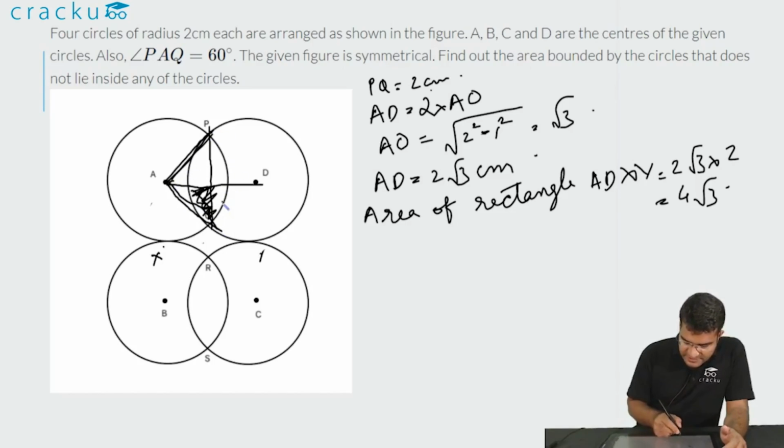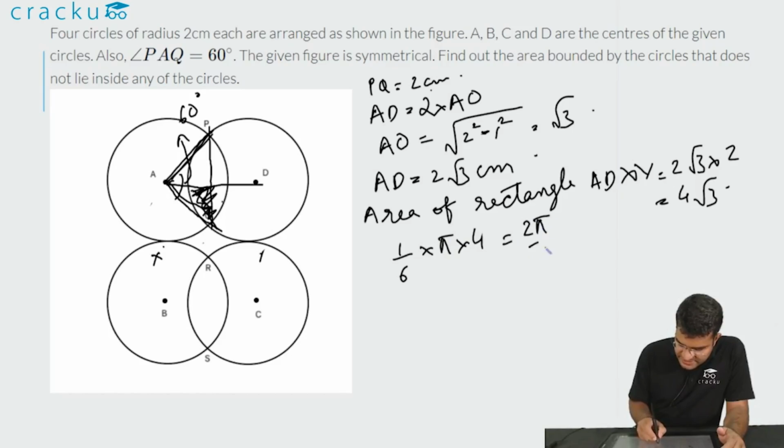So the area of the chord over here will equal, because the angle subtended at the center is 60 degrees, the area of the sector will be 1/6 of the total area of the circle, which is 1/6 into pi into r square, which is 4. This is 2 pi by 3. And the area of the equilateral triangle will equal root 3 by 4 into a square, which is equal to root 3.